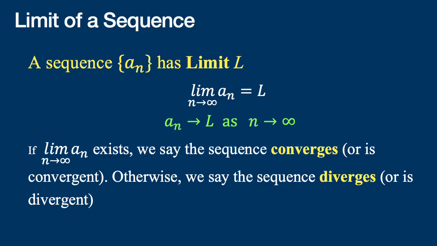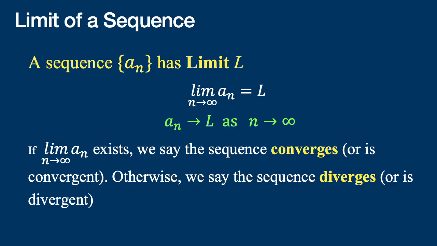Now that we've seen an example with the graph, sketching the sequence, let's give the formal definition, guys. a_n, that's the sequence, has a limit, which means as n is increasing, what is the behavior of a_n? If a_n is going to one point, getting close to one point, we say the limit of the sequence is L. Another way to say it: as n approaches infinity, a_n approaches the L value.